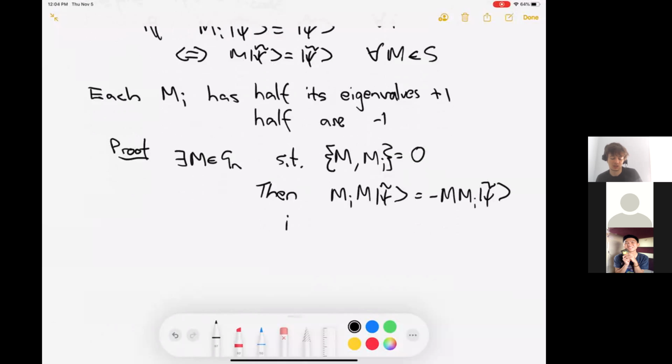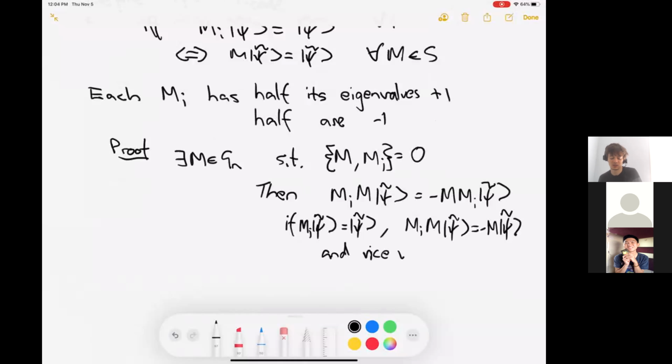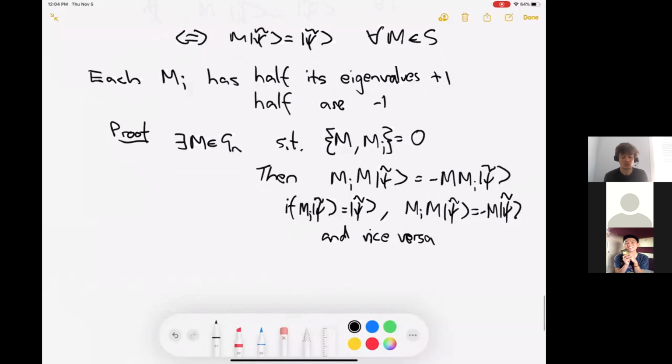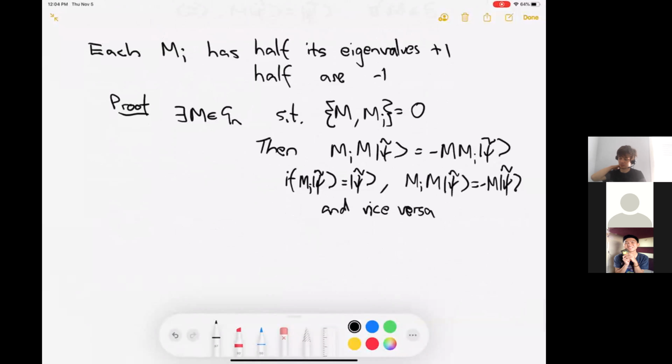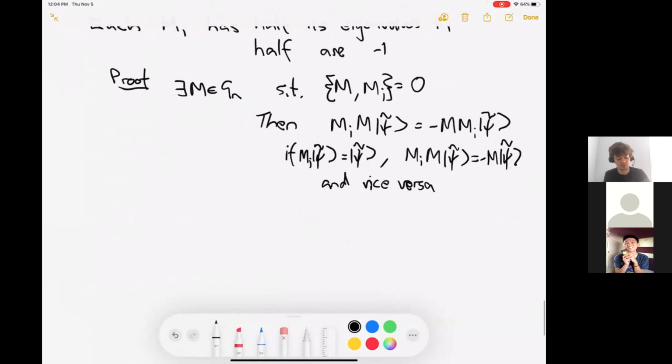So if Mi psi tilde equals psi tilde, then Mi M psi tilde equals minus M psi tilde, and vice versa. Okay, so for each plus 1 eigenvalue, we have a corresponding minus 1 eigenvalue. Okay. So now let's think about the size of the code subspace.